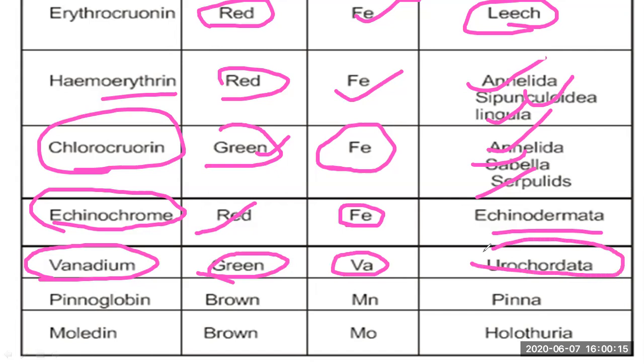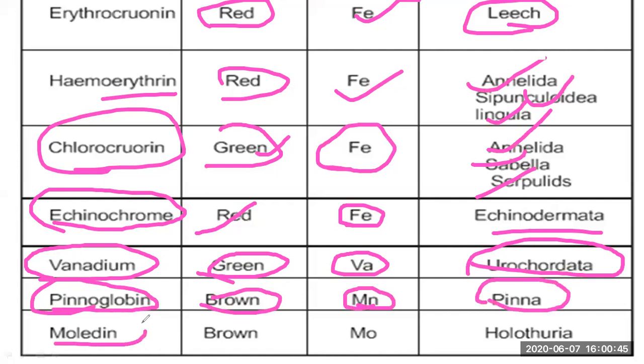It is found in Urochordata. Hemichordata is a separate phylum, but Urochordata and Cephalochordata are included in a different division of the phylum Chordata. Then there is pinnaglobin, which is brown in color and has manganese as the element, found in Pinna. Next is the pigment which is brown in color and has molybdenum, and it is found in Holothuria.